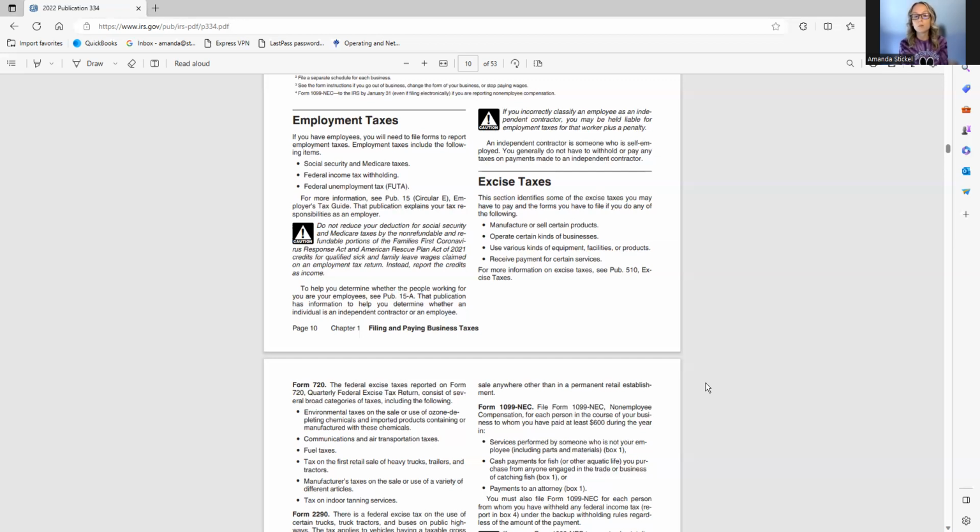So a lot of times what happens is business owners are trying to avoid all these payroll regulations and requirements and taxes and all that stuff involved with payroll. And they just classify their workers, their employees, as independent contractors to avoid any responsibility and put that all on the independent contractor, the employee, the worker.